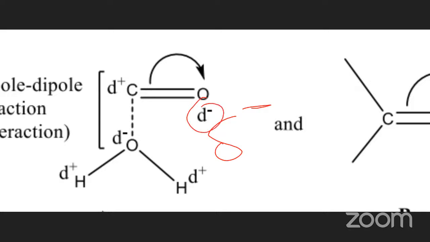It is delta. So because this can happen, you can find a situation where the electrons are closer to the oxygen, and therefore it becomes delta negative. And because the electrons have been moved further away from the carbon, the carbon becomes delta positive.